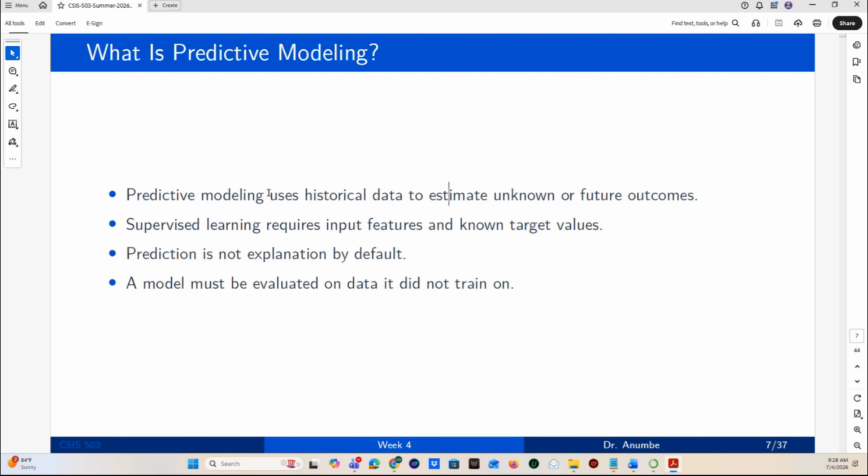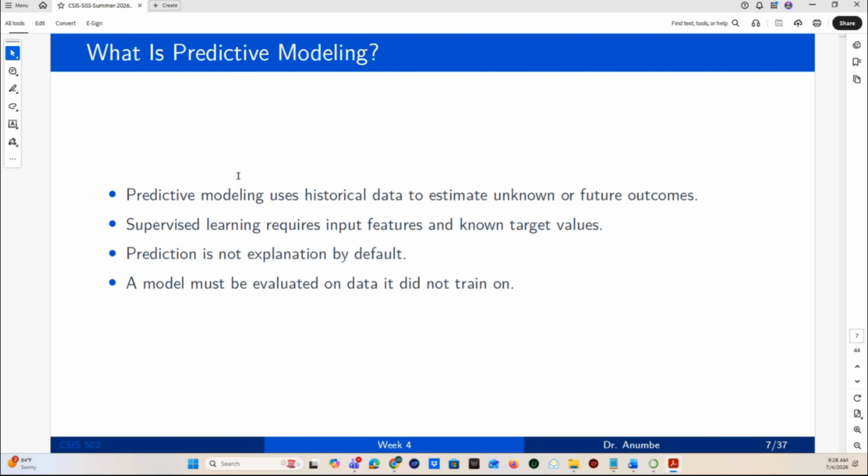It's like being asked to go find something in a vast space, but we drop crumbs here and there. So you have to investigate using those crumbs to try to find yourself to the castle. So that's what predictive modeling is and what it does.